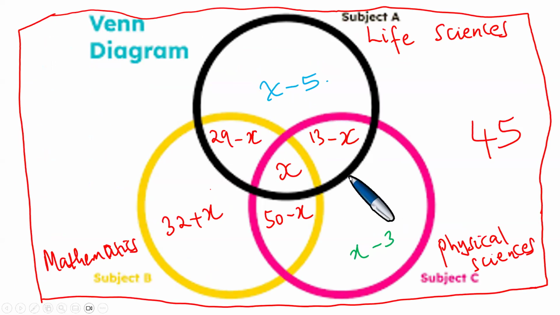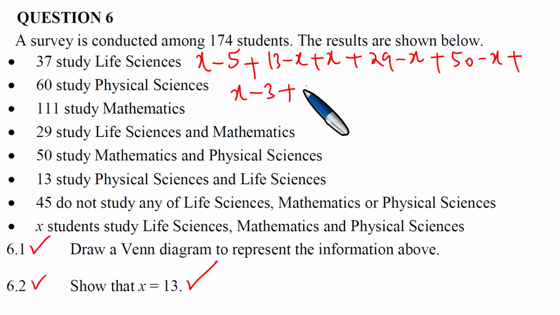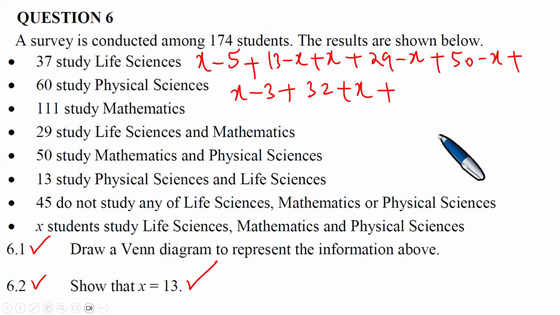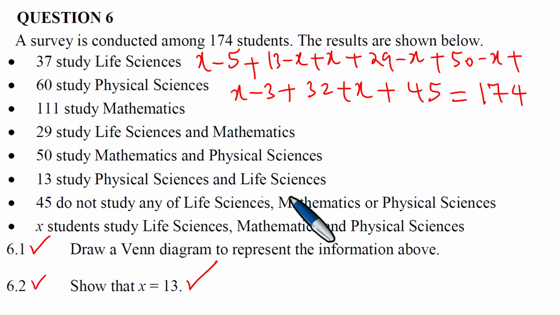Plus 32 plus x. Plus 45. Very well done. And the result is 174. We're so good.